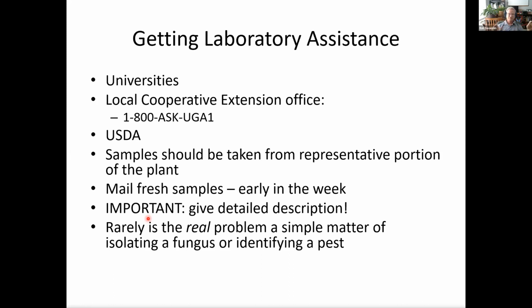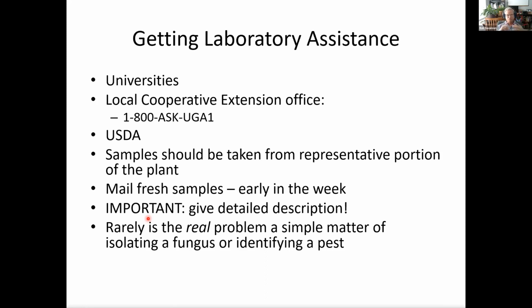So each one of these tests that they run is a very specific test for a specific pathogen. So if you just send them a sample and don't give them any clues, they might have to run 6 or 7 different tests to identify your pathogen. Like I'll send it in and I'll say that it's oak wilt. They test it. It's like, sure enough, it's oak wilt. So they confirmed my diagnosis.